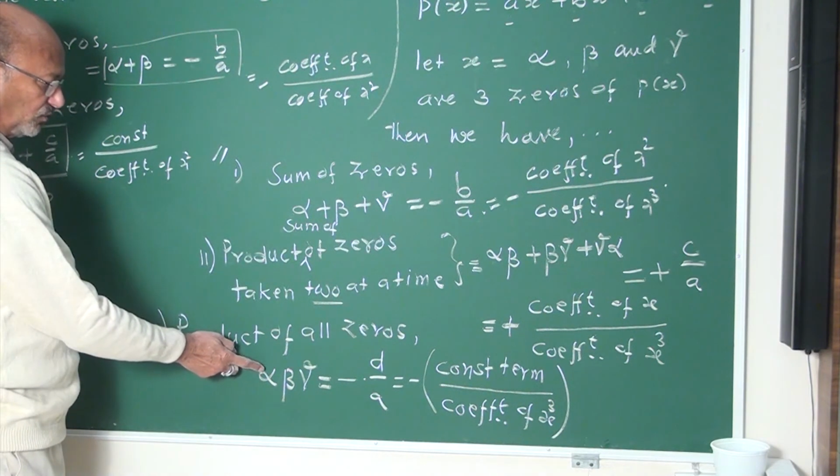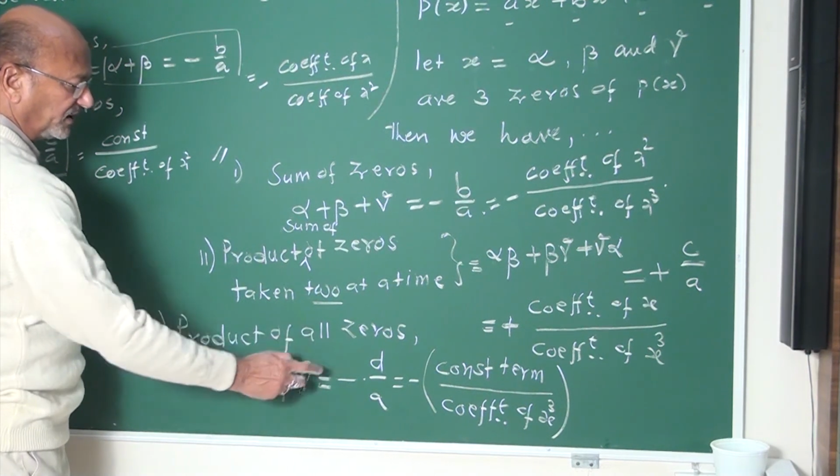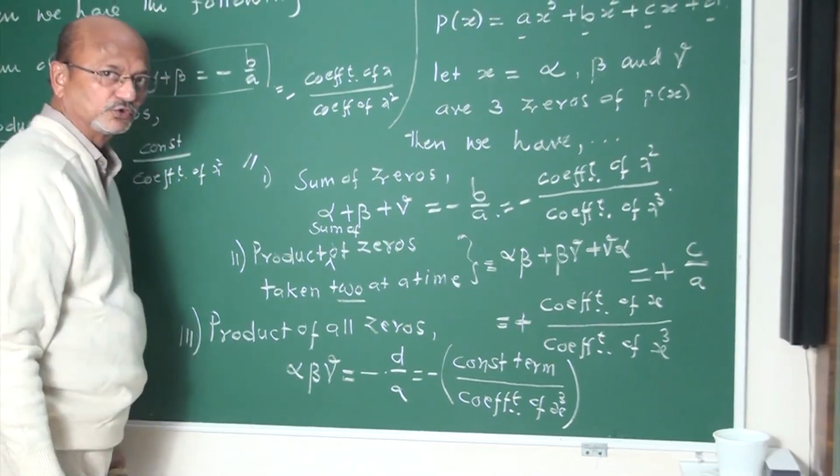The product of all zeros is with sign change, minus d by a, the constant term divided by the coefficient of x cube.